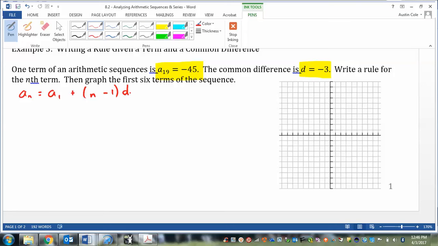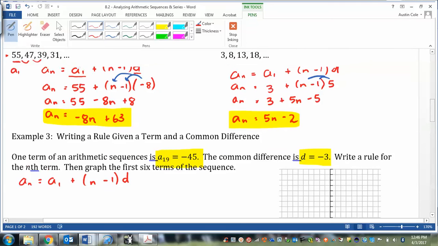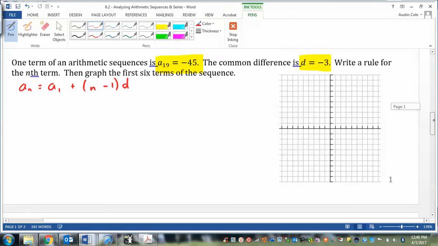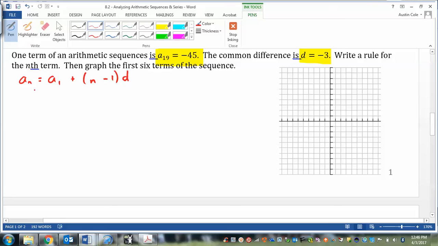Okay, so in order to have this equation, we need to have our first term in our sequence. Do I have my first term in my sequence? No, the only term that we have is the 19th one. Okay, so I'm going to plug this and this into the function.